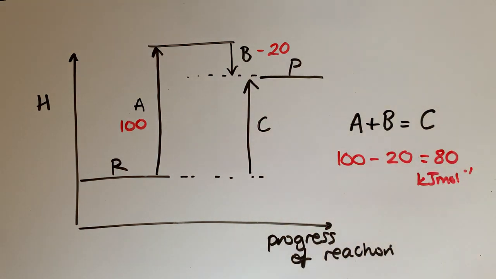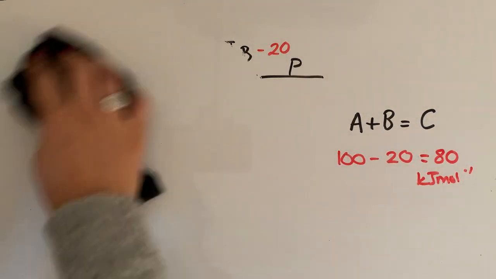Let's now apply this to some sort of exam question. So I am going to have to write out the exam question over here. There are two sorts of information they can give you. They can either give you the enthalpy change of formation, or they can give you the enthalpy change of combustion. So I'm going to do an example where they have given you the enthalpy change of formation, and you use that to work out whatever equation, whatever enthalpy change they've asked you to work out.